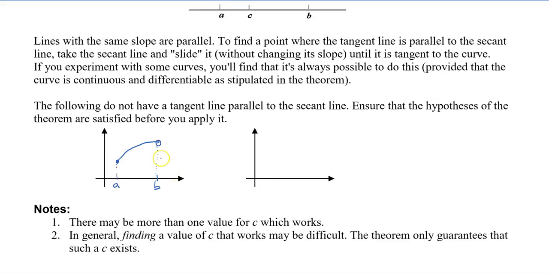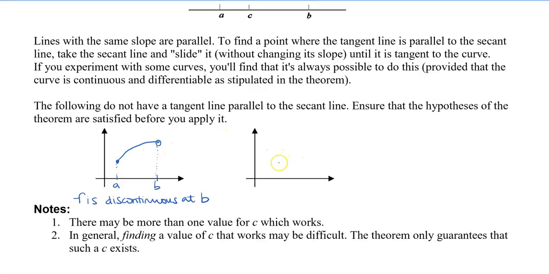Because it's open at point B, f is discontinuous at B, and that's why it doesn't satisfy the hypothesis, and therefore we can't use the mean value theorem. So f is discontinuous at B. Therefore we can't find a tangent line parallel to the secant line because there is no secant line.